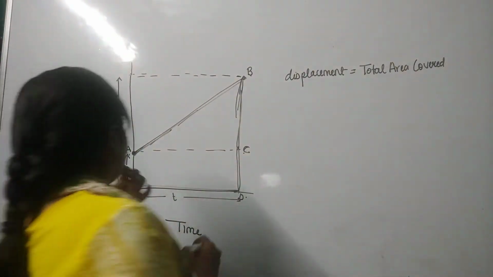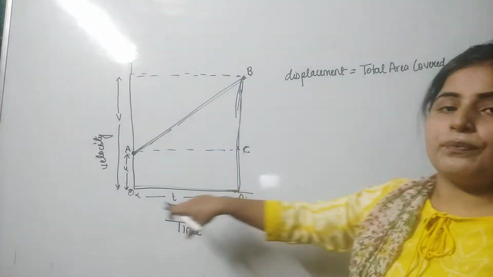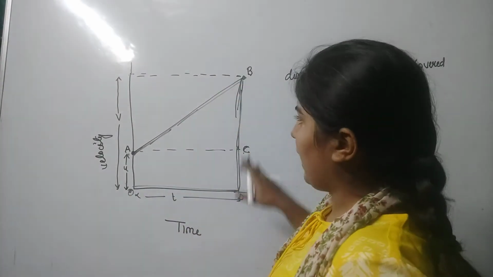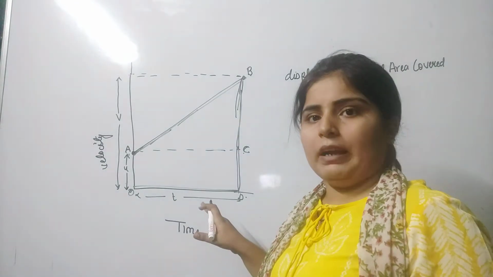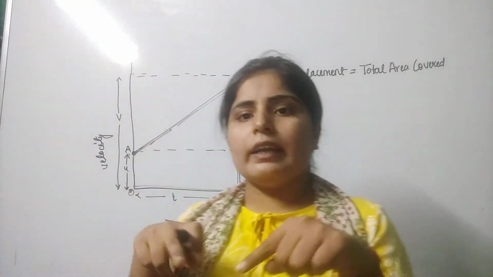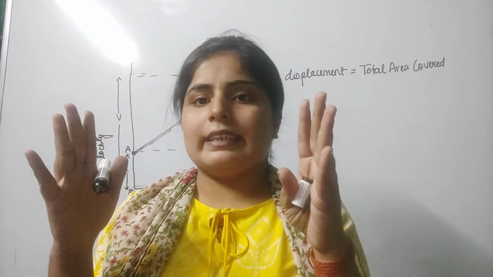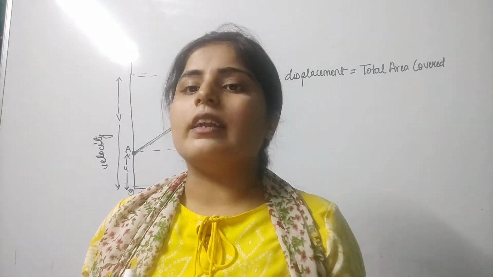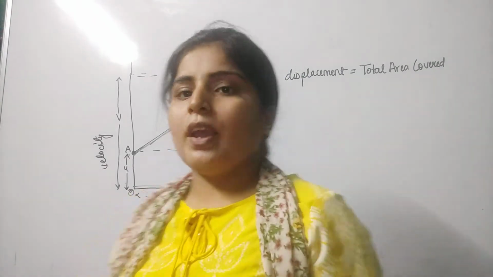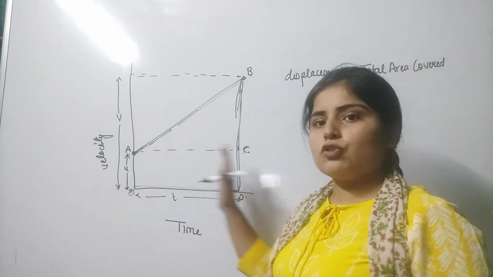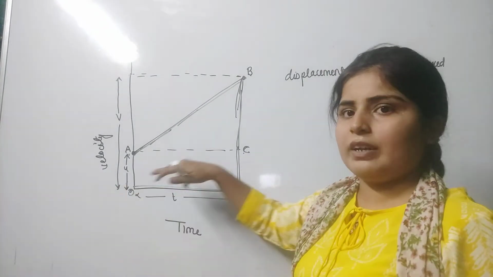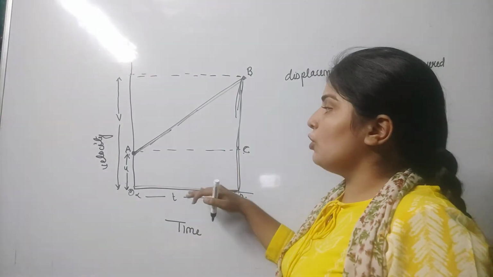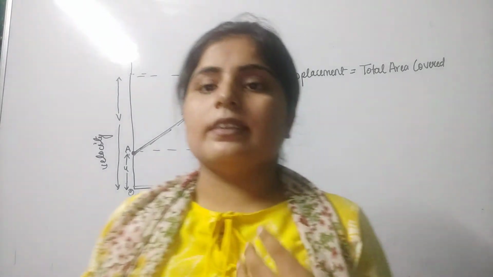Here we see that this figure represents a trapezium, because two sides are parallel and the two sides are non-parallel. In a quadrilateral, if two opposite sides are parallel and the other two are non-parallel, it represents a trapezium.